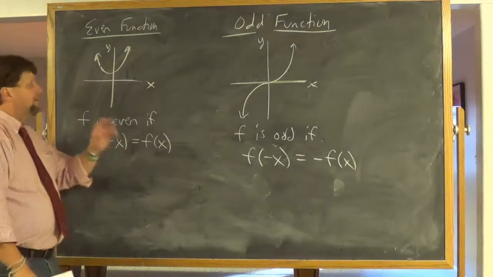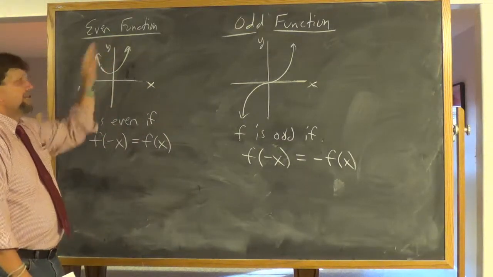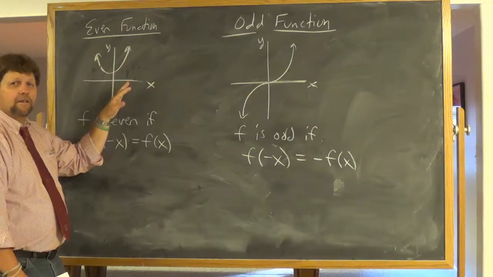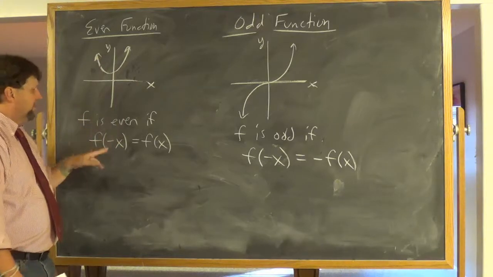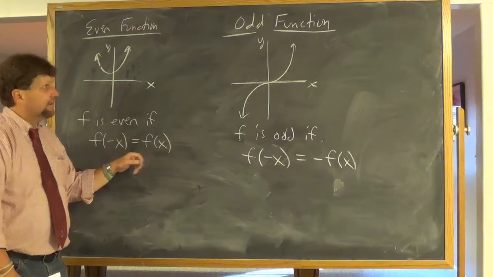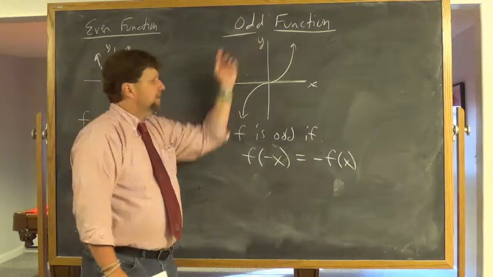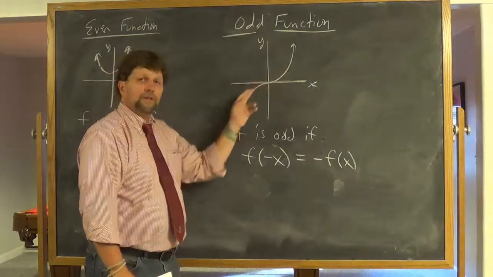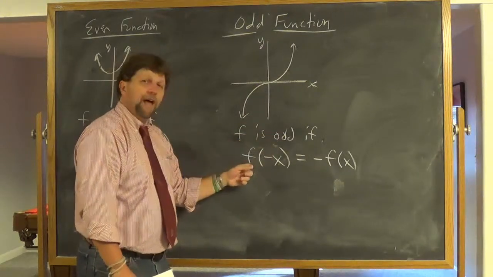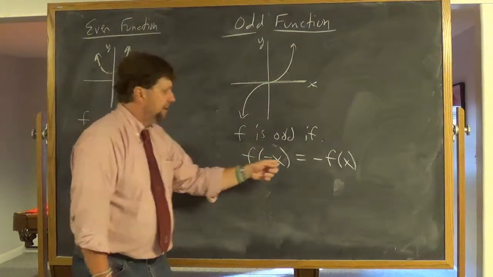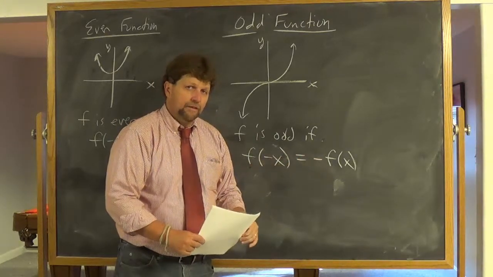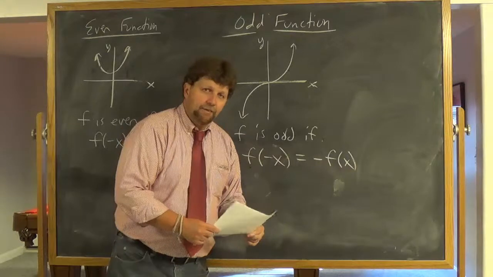So quick recap, graphically, even function has symmetry about the y-axis. Even function, when you evaluate f of -x, you get the original function back at you. Odd function, symmetry about the origin. Algebraically, your function is odd if when you evaluate the function at -x, you get the opposite of the original function back at you. Here, we'll take a look at an example in a minute.